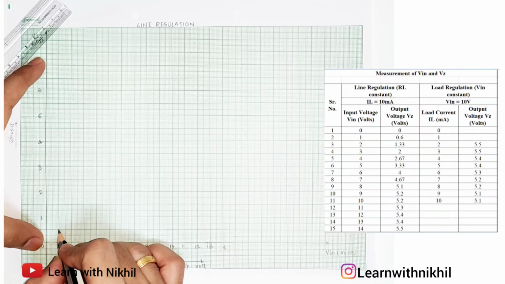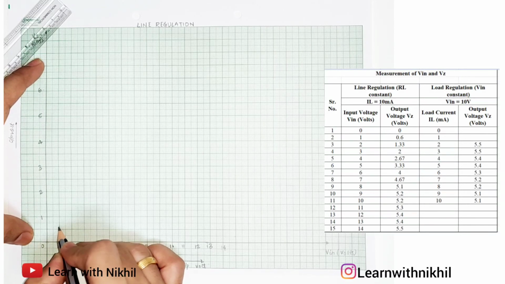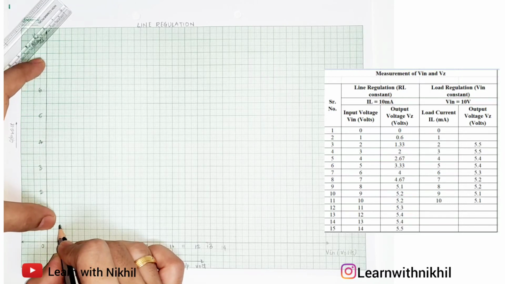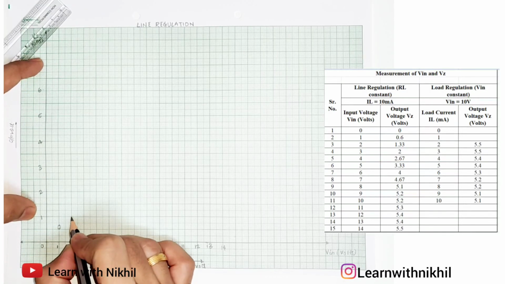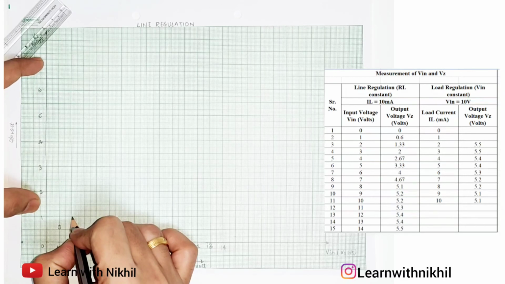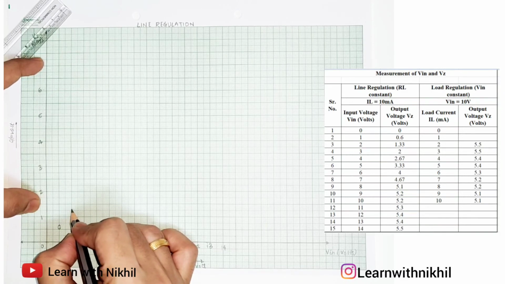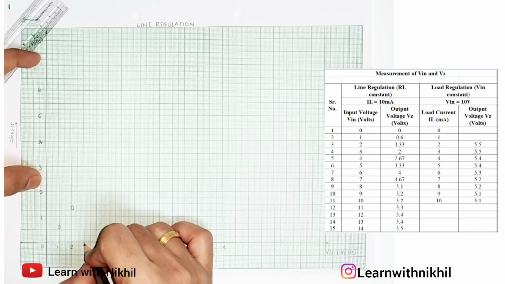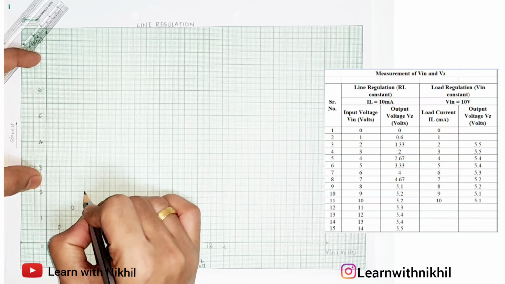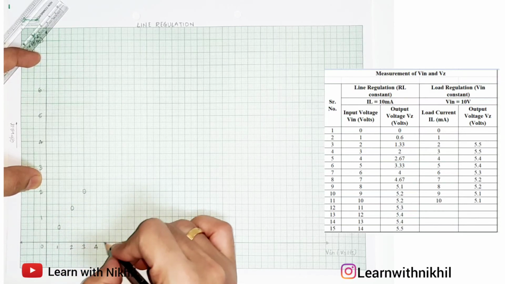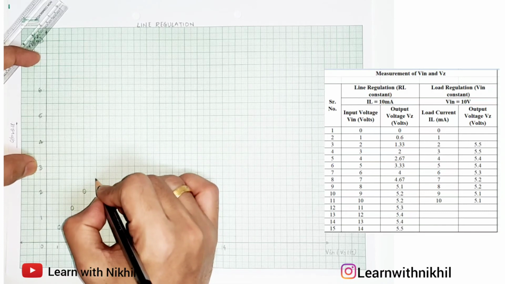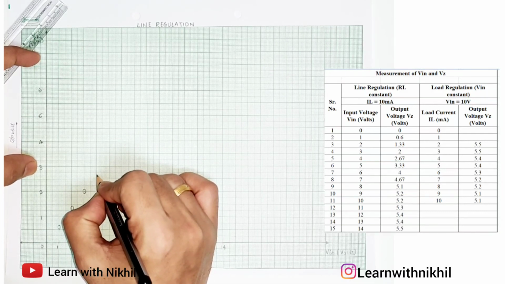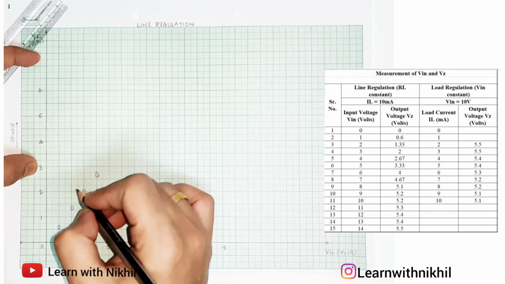Then for 2, 1.33. Then next for 3 it is 2, for 4 it is 2.67, so you can mark it at 2.6.